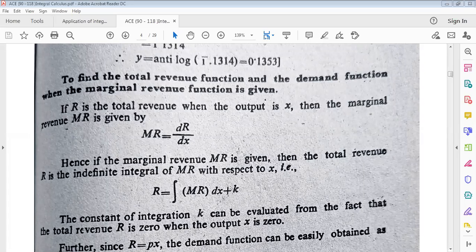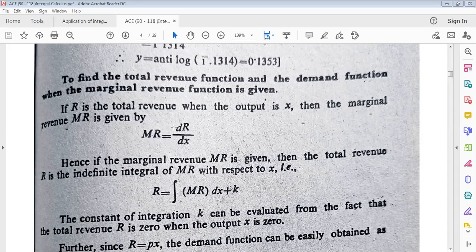If R be the total revenue when the output or number of units is X, then the marginal revenue MR is just the rate of change of revenue with respect to inputs. That is, d/dx of R, the first derivative of revenue, gives the marginal revenue.